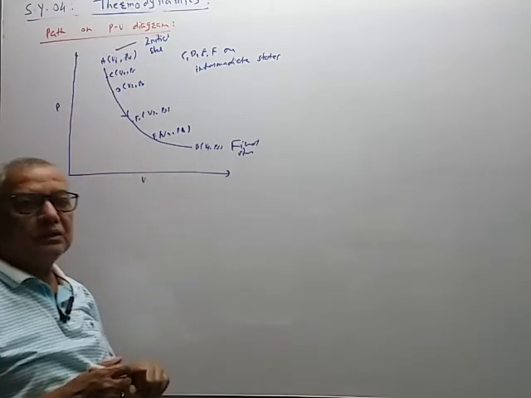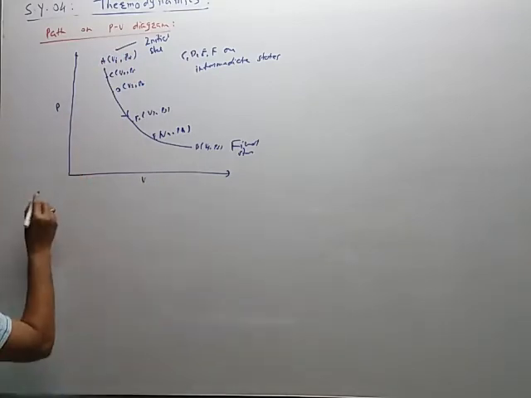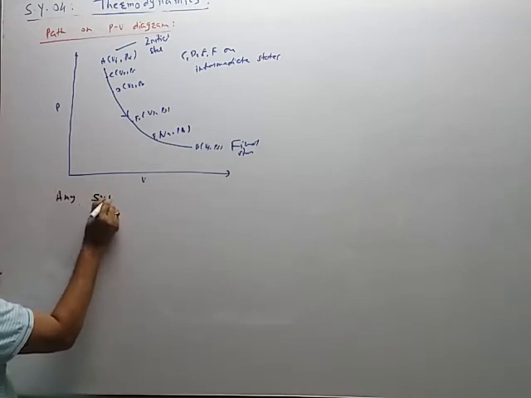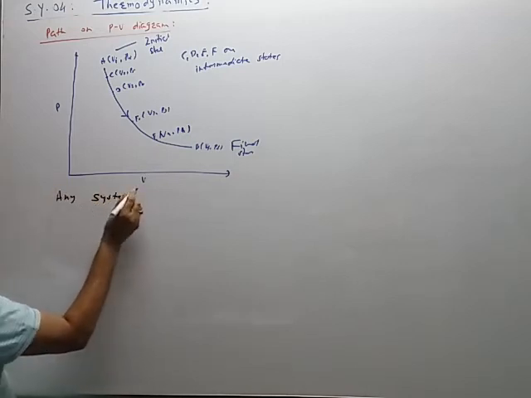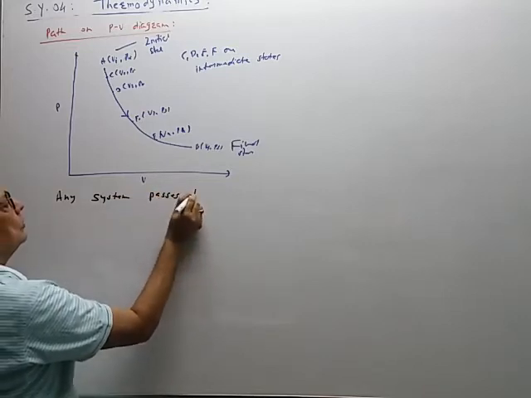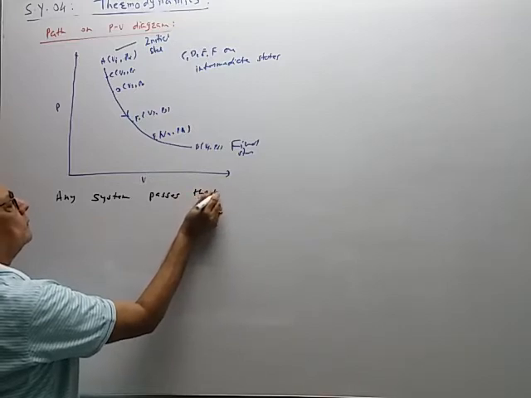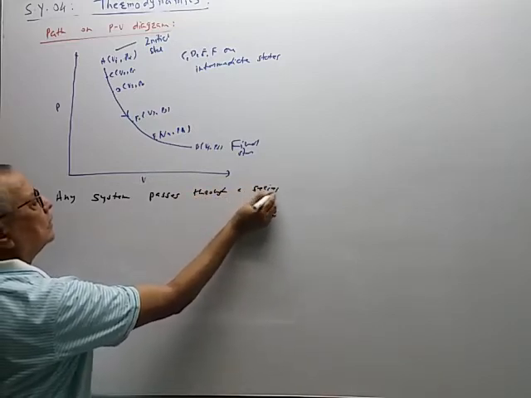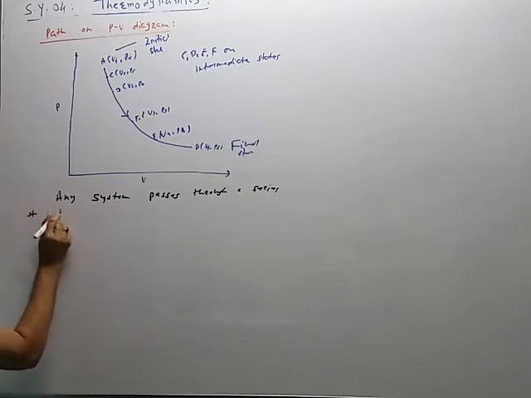So the meaning of path is like this. Any system passes through a series of intermediate states.